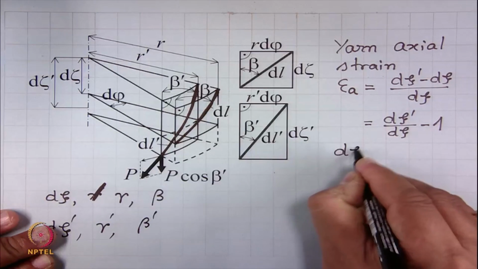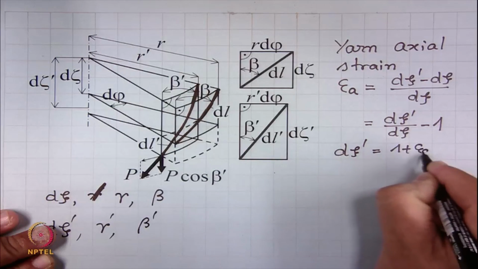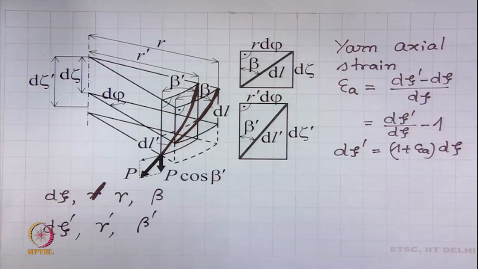So, we obtain d zeta prime equals 1 plus epsilon a times d zeta, right. Second is the radial strain.